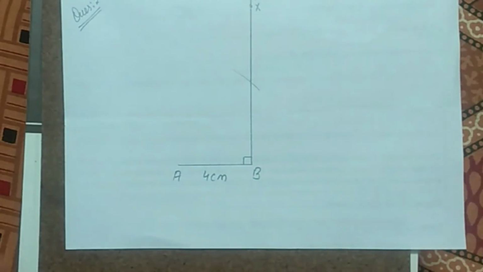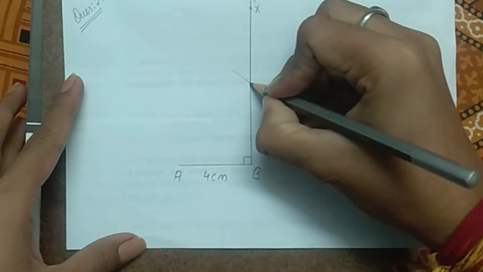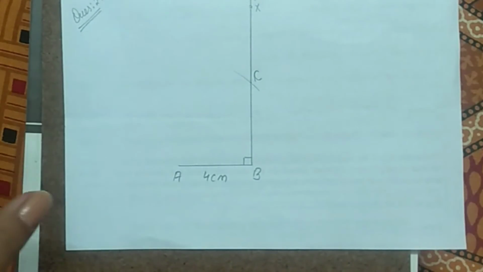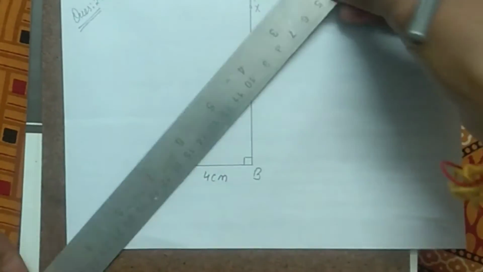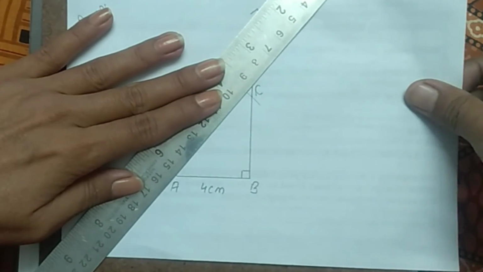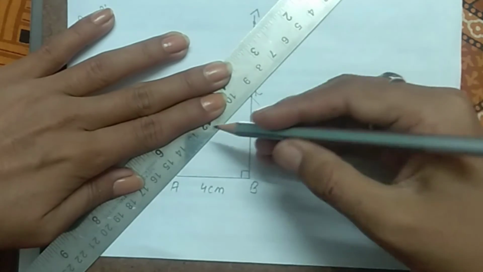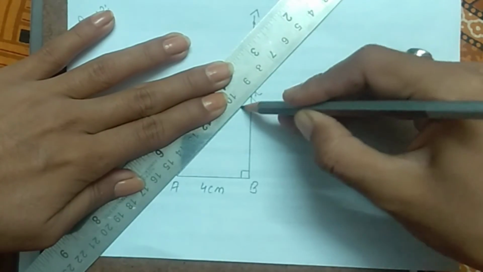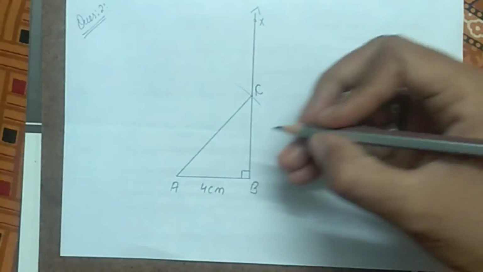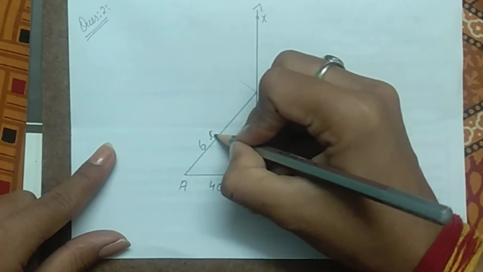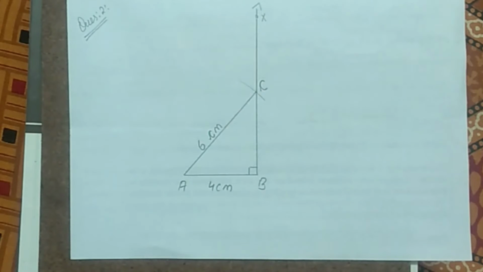Where this arc cuts BX, it will be our point C, the third vertex of the required triangle ABC. Now we join A and C together, and we will have our required triangle ABC with hypotenuse 6 centimeter.